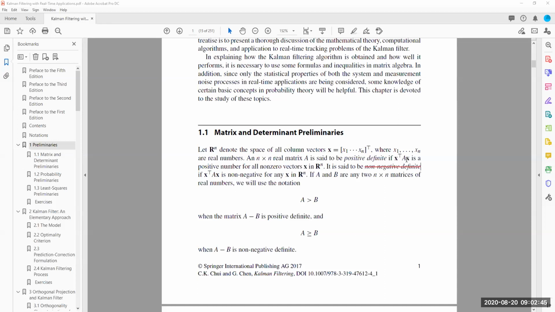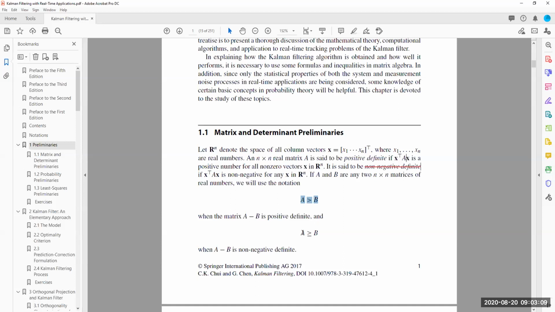Something you have to pay attention to is that the A matrix may not be symmetric. Then it introduced the notation matrix A is greater than matrix B. Basically, it means that the matrix A minus B is positive definite.